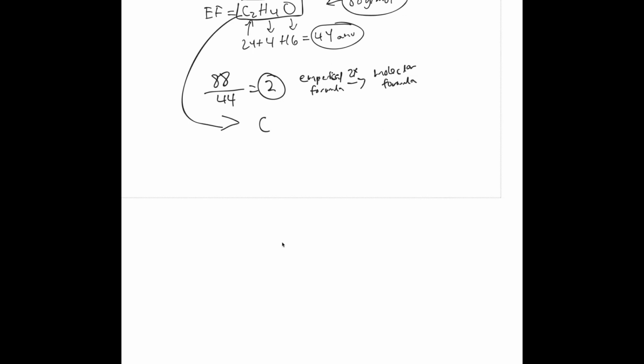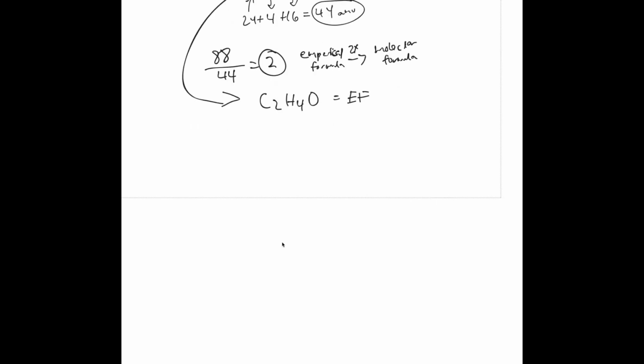So we're going to have C2H4O as our empirical formula, except now that we have our molecular formula, everything is going to be applied to a 2x scale factor, right? So 2 times 2 is going to be C4, 2 times 4 is going to be H8, and 2 times 1, it will just be oxygen 2. And so that is your molecular formula.